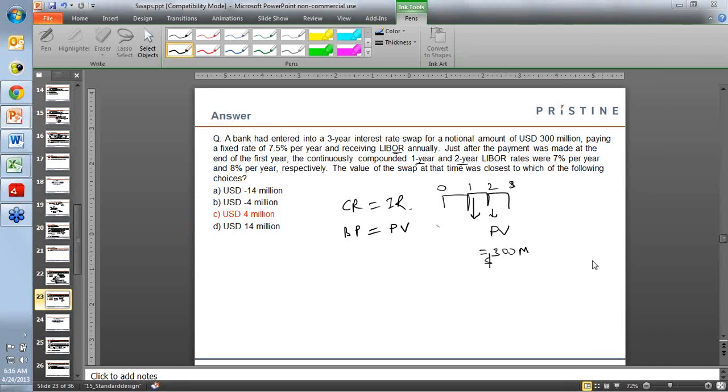So based on this, this simplifies our task, because we only have 2 payments to consider here. One payment will be at the end of the first year, which would be the value of LIBOR, that is 7% based on this value.